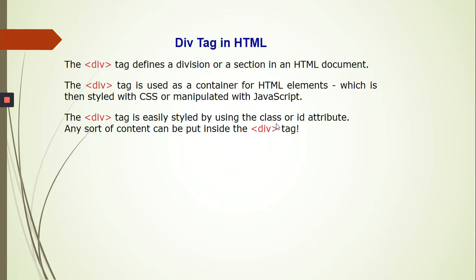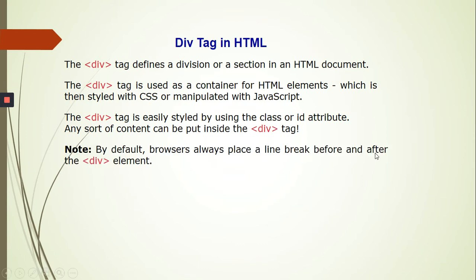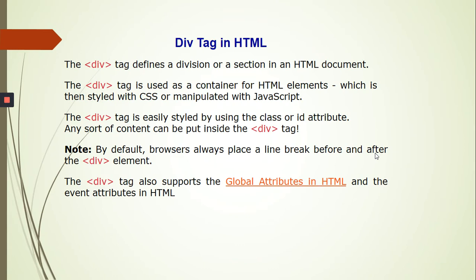We can write any sort of content between the div and the div close. Note, by default, browsers always place a line break before and after the div element. The div tag also supports global attributes and the event attributes in HTML.